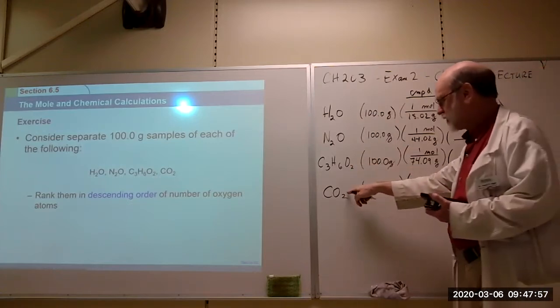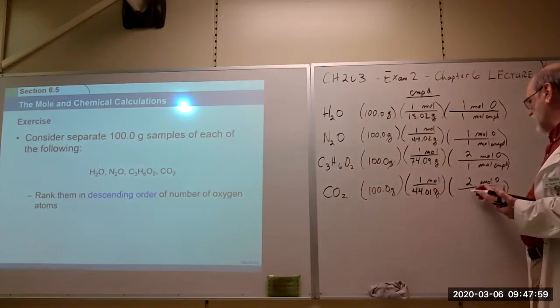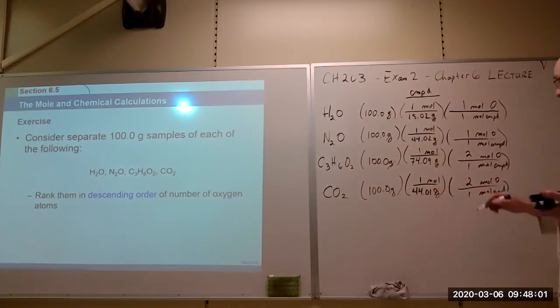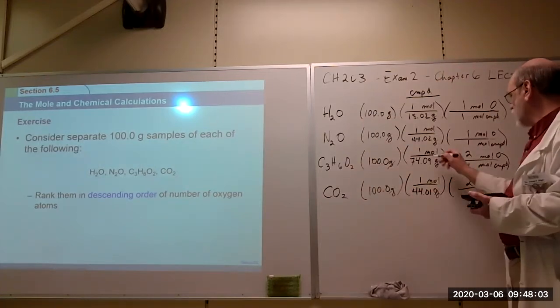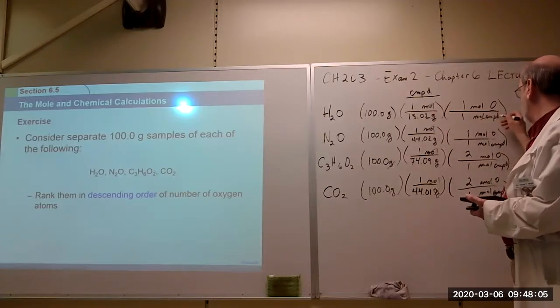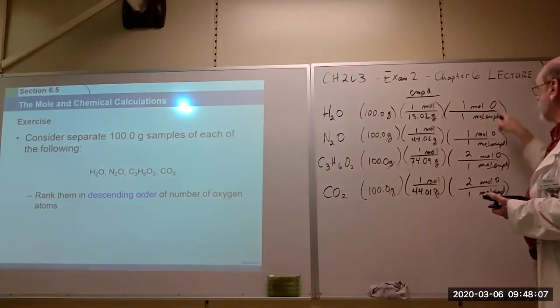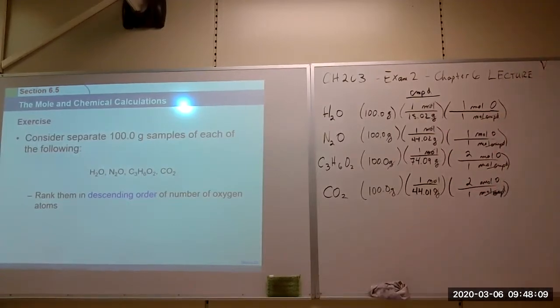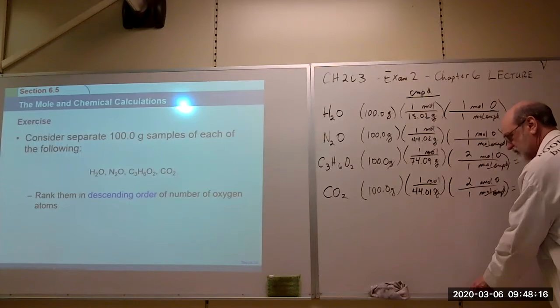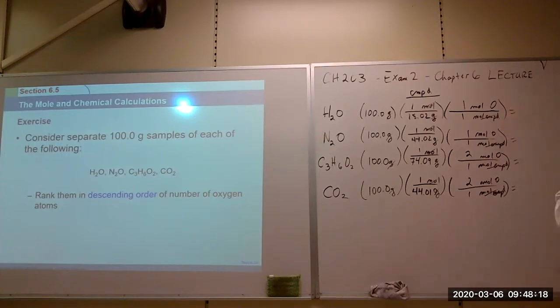And for every mole of this compound, you have 2 oxygens. Okay, so that cancels the moles of compound and leaves us with moles of oxygen, and that's what we want. So at this point, now we've done all our thinking, we just do calculations.